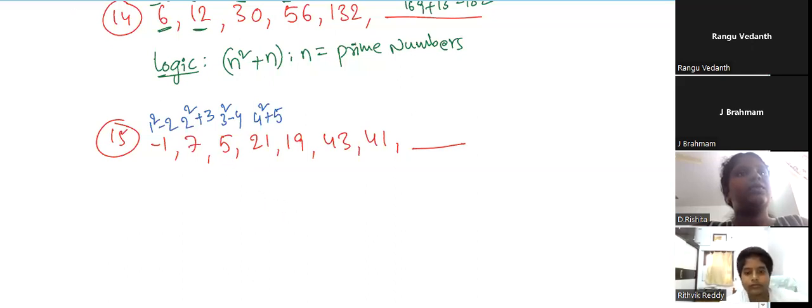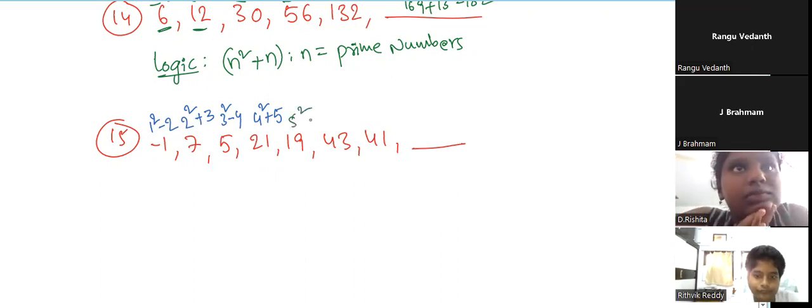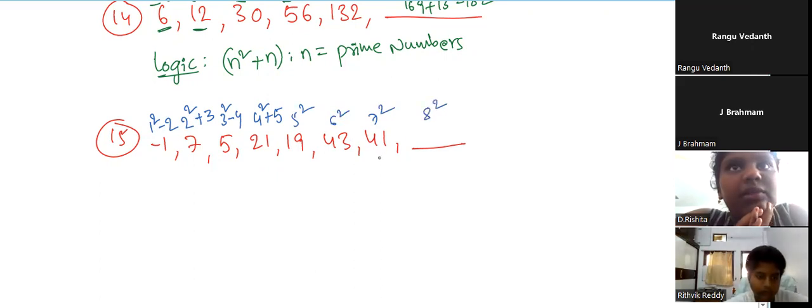Okay, sir. Then here the pattern is 1 square, 2 square, 3 square, 4 square. It should be 5 square, this is 6 square, and this is 7 square. And it should be 8 square.